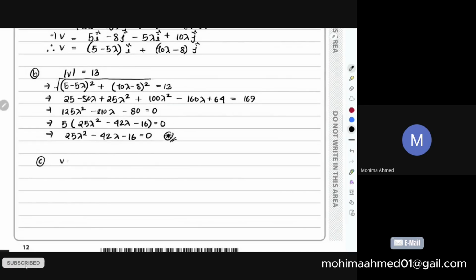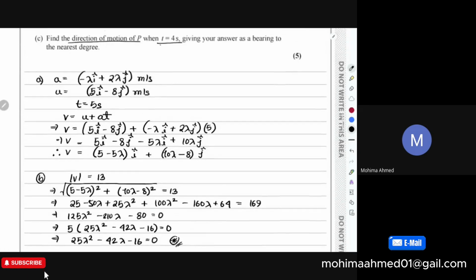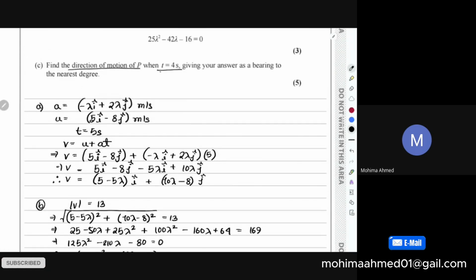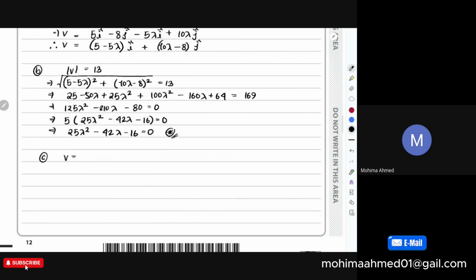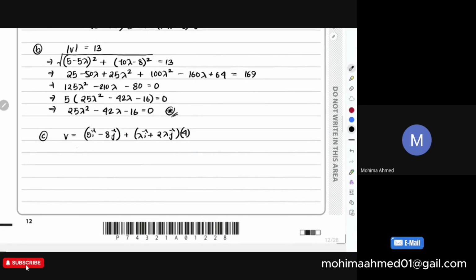So what I was looking for is the direction of motion of P. First I have to find out the expression for v, which is going to be 5i minus 8j. Acceleration was just lambda i plus 2 lambda j multiplying with 4. So now you just have to multiply them.